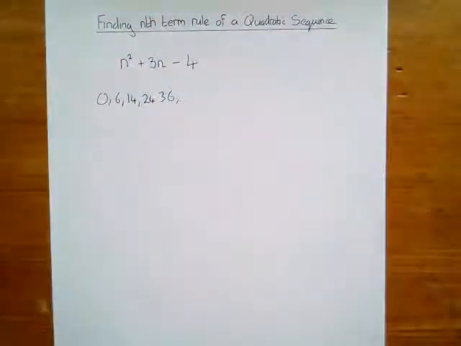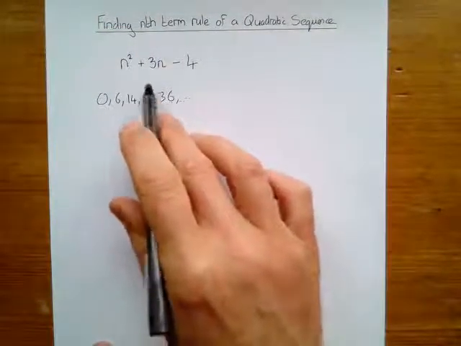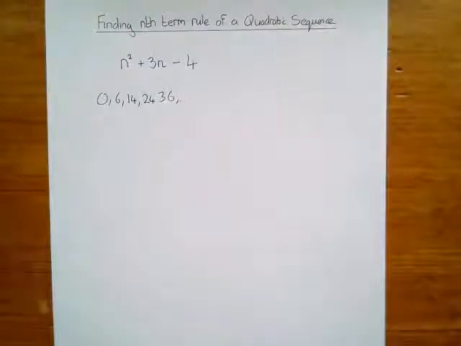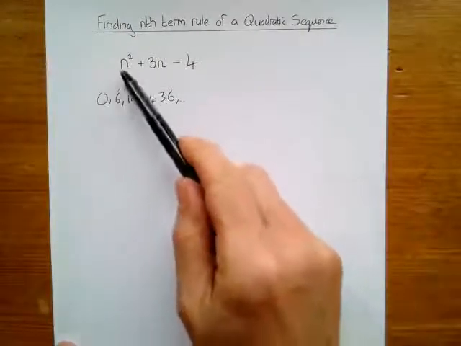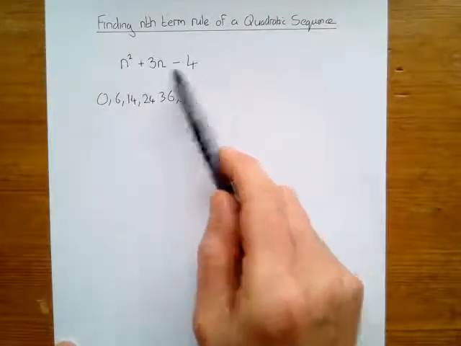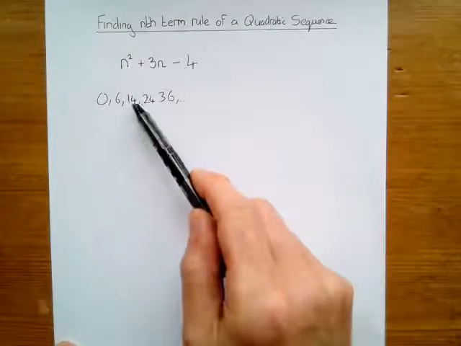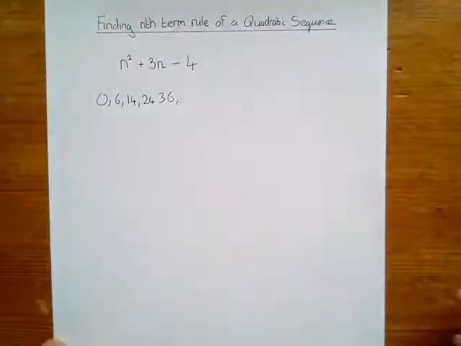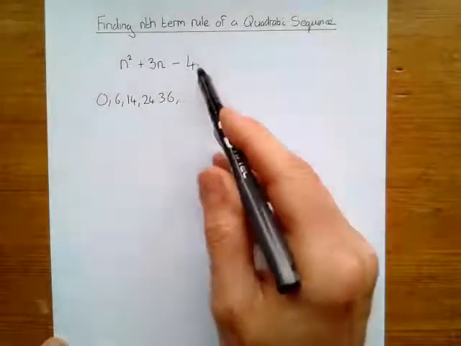So those are the first 5 terms of this quadratic sequence. And you can work them out without a calculator just by subbing in turn 1 into there, that'll give you 0, 2 into there, I'll give you 6, 3 into there, I'll give you 14, etc. I'm sure you could all manage to do that for yourselves. I'll just check one of them to make sure it's right. So putting 3 in should give me 14.